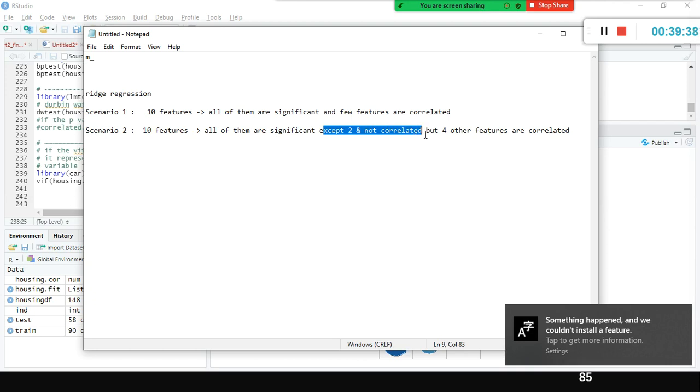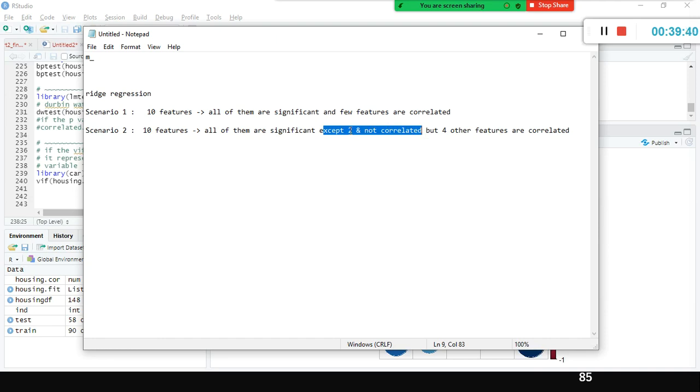There is no collinearity here. But of the 8 features, 4 are correlated, remaining 4 features are significant. Or let's say all the 8 features are significant. Of the 8 features, 4 features are correlated.